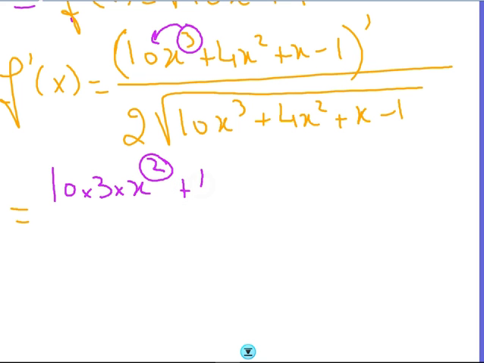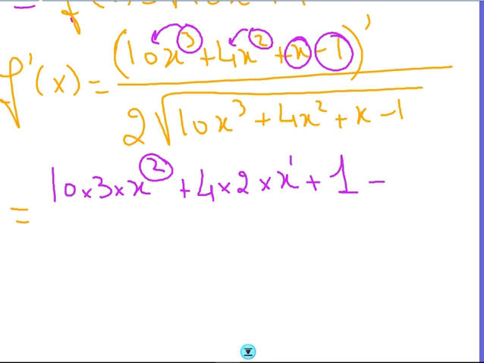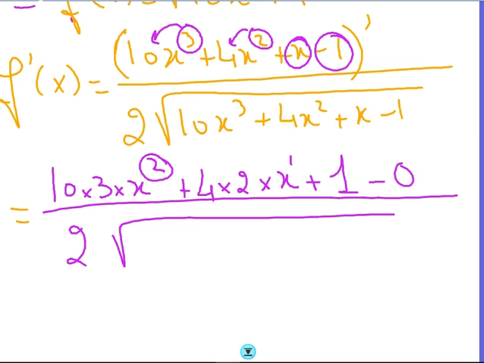Plus, here same thing, so 4 times, you bring this down, so 2 times x to the power 2 minus 1, so x to the power 1, plus the derivative of x is always 1 because it becomes x to the power 0 when you subtract the exponents. 1 minus 1 is 0, x to the power 0 is 1, and minus the derivative of 1 is 0. Derivative of any constant is 0, over 2 radical 10x cubed plus 4x squared plus x minus 1.